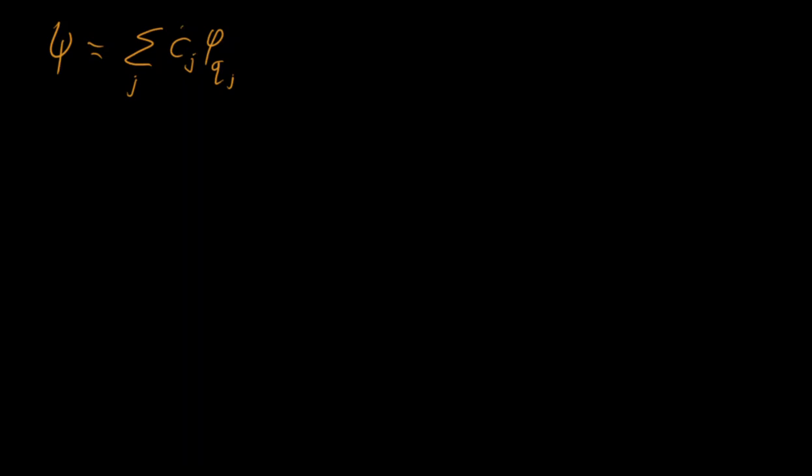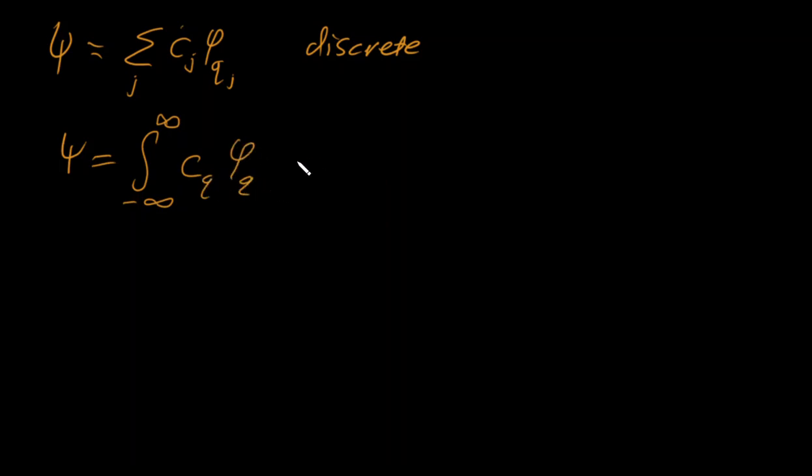Or, for a continuous quantity q, psi is the integral from negative infinity to infinity. This is the integral over all possible values of q, of c sub q phi sub q dq. And this is continuous.